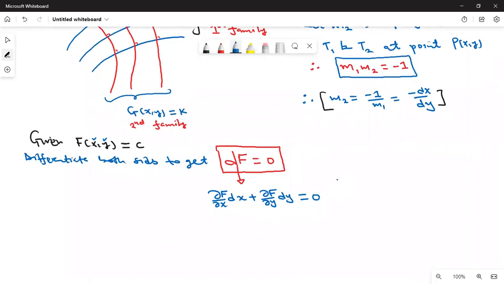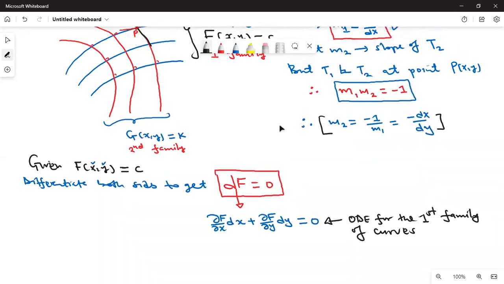So this is the ODE for the first family of curves. Because when you solve it, you go back to f of xy is equals to c. But the task here is to find the other family of curves that we are calling g of xy is equals to k. So we need to know which equation do we need to solve to find g of xy is equals to k.